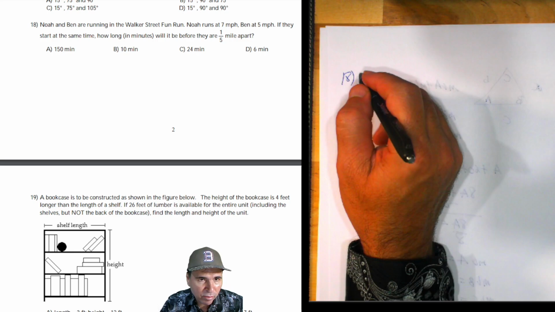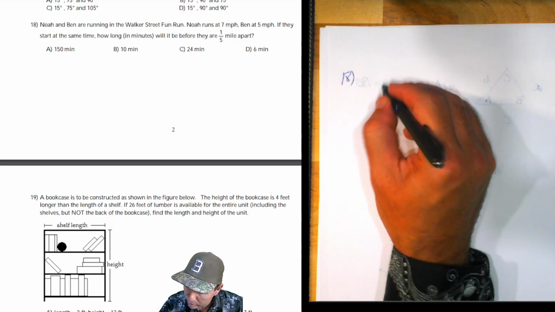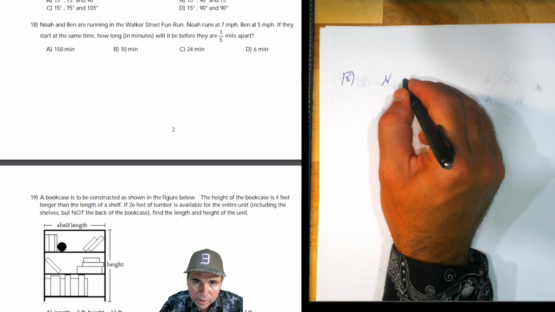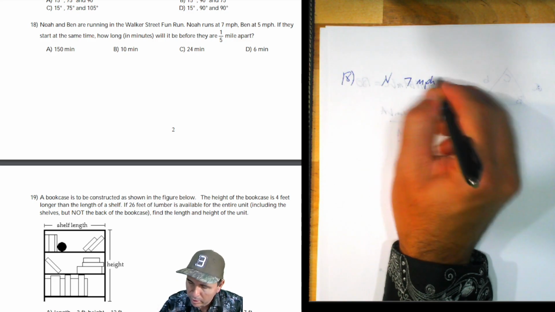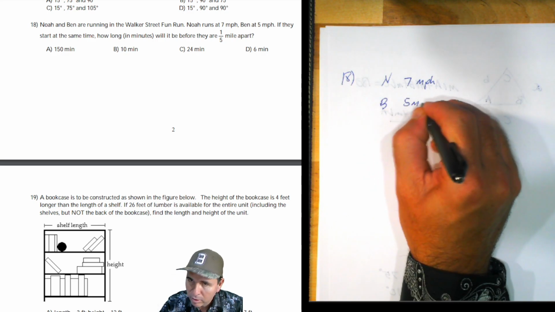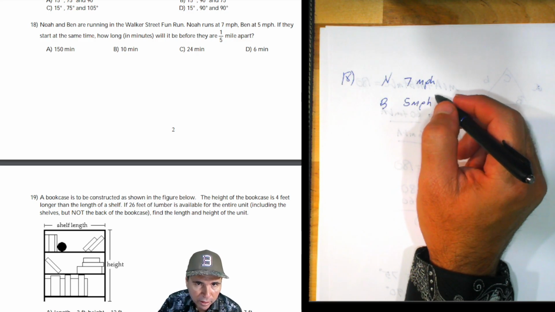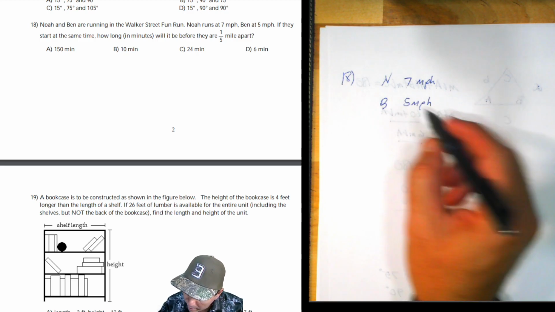It says Noah and Ben are running in a Walker Street fun run. Noah runs 7 miles per hour. Ben is going 5 miles per hour. If they start at the same time, how long in minutes will they be 1/5 of a mile apart?